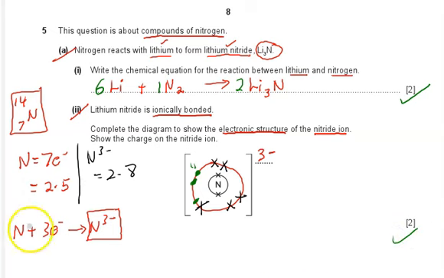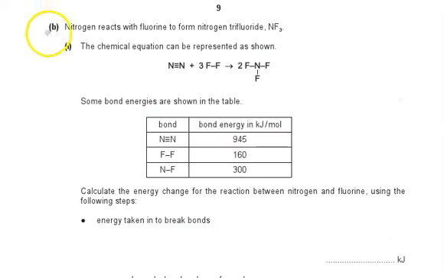Now we continue with the questions. For B, nitrogen reacts with fluorine to form nitrogen trifluoride. The chemical reaction is represented as shown, and bond energies are shown. Now let me explain over here. First, they have to break all these bonds. To break the bond, you need to absorb heat.